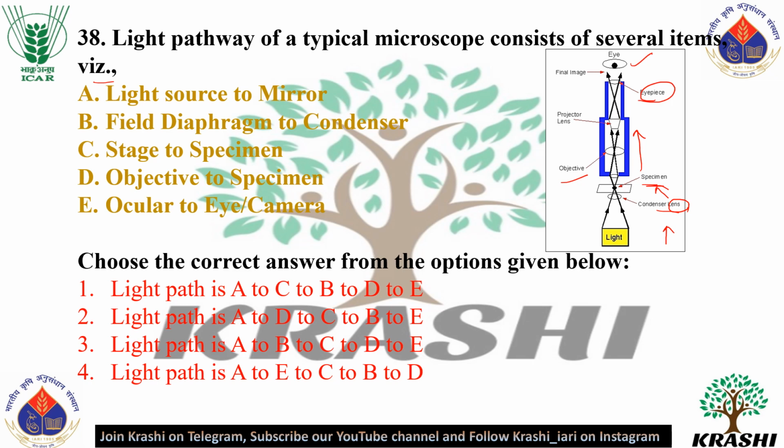So the correct answer would be option number 3. Light path is from light source to mirror, to field diaphragm to condenser, stage to specimen, objectives to specimen, and the ocular to the eye or camera.